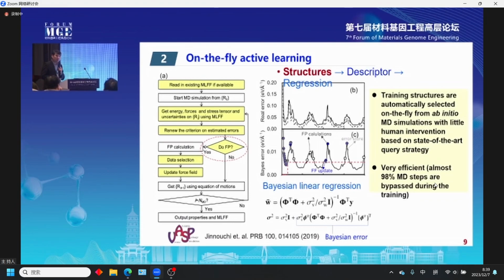The purpose is to require little human intervention, based on a very nice query strategy.